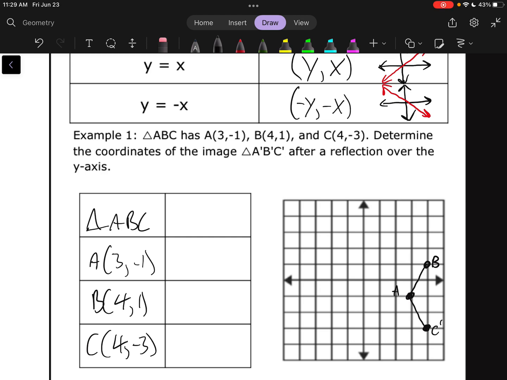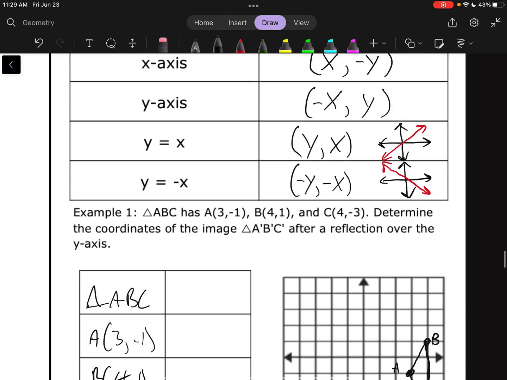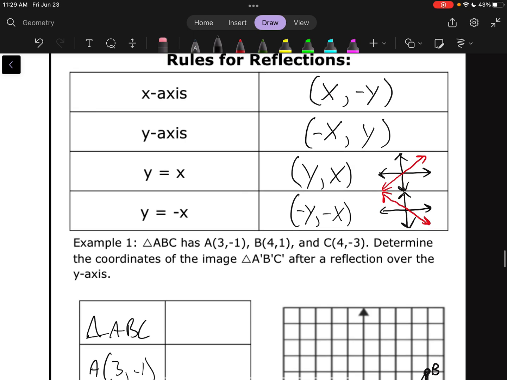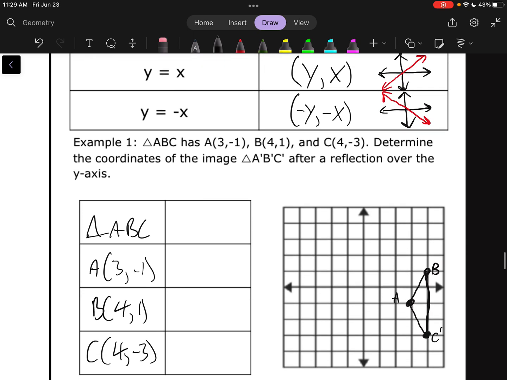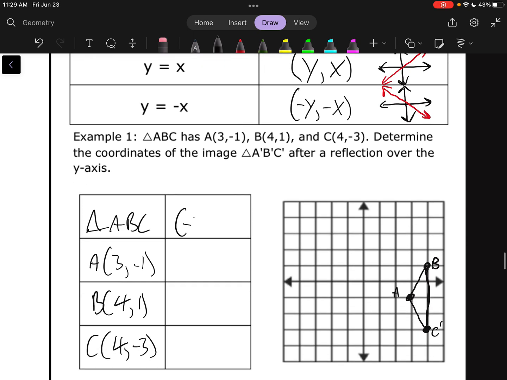So here is our triangle, and we are going to reflect this thing over the y-axis. So to flip over the y-axis, let me go back up, check my rule. My rule for the y-axis was -x, y. Now remember that the y-axis is this line.